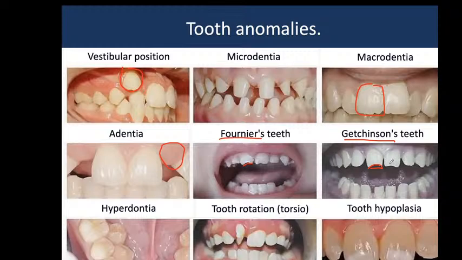Those people with Lues have such a shape of the teeth. It would be hyperdontia when we see another couple, or 3, or sometimes 4, sometimes 6 additional teeth in the oral cavity, some kind of rotation, and hypoplasia. It means that some part of the teeth is smaller than usual.